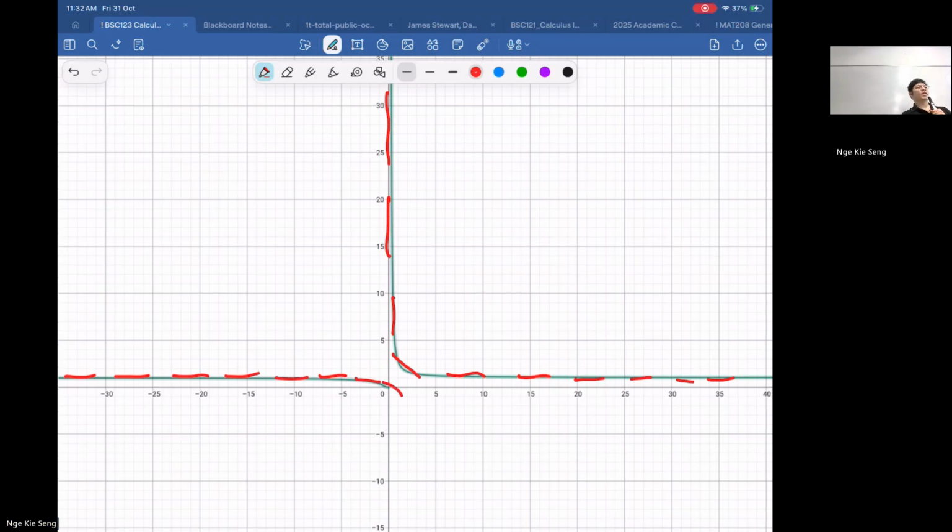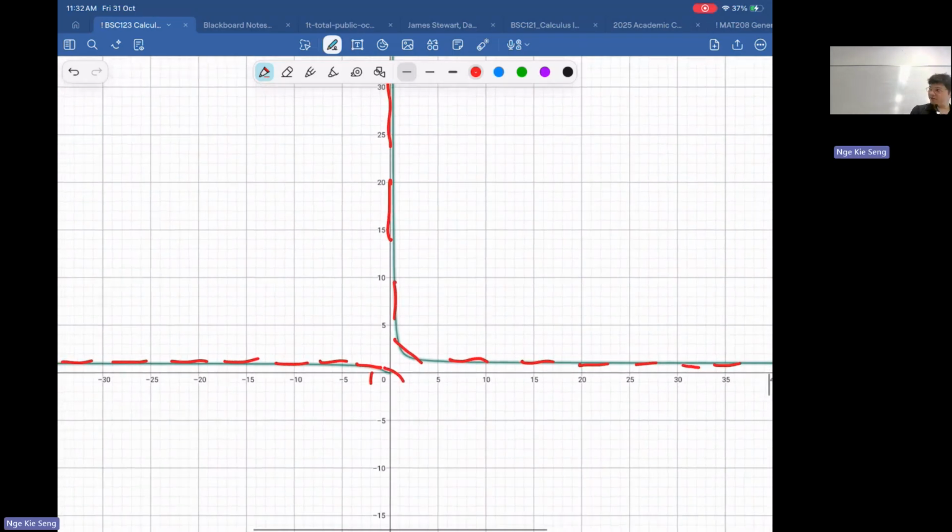But just now, where is the inflection point? Negative half. So negative half is on the left hand side of 0. Can you see the concavity here or not?